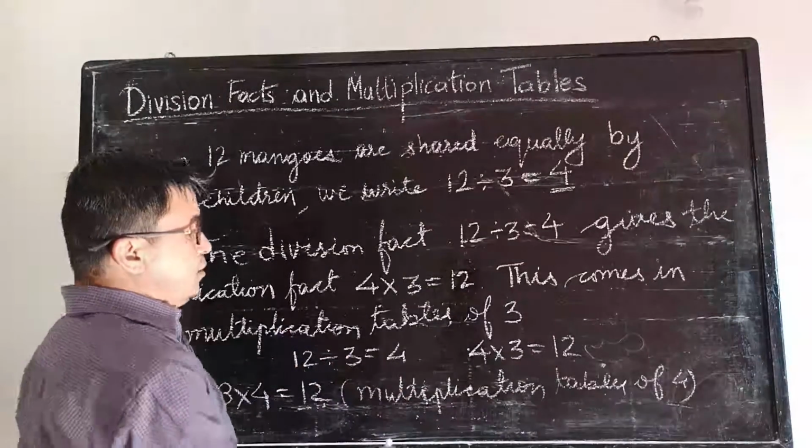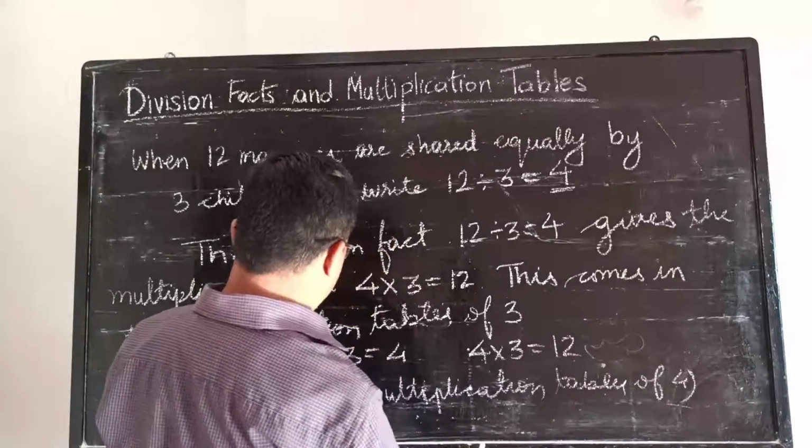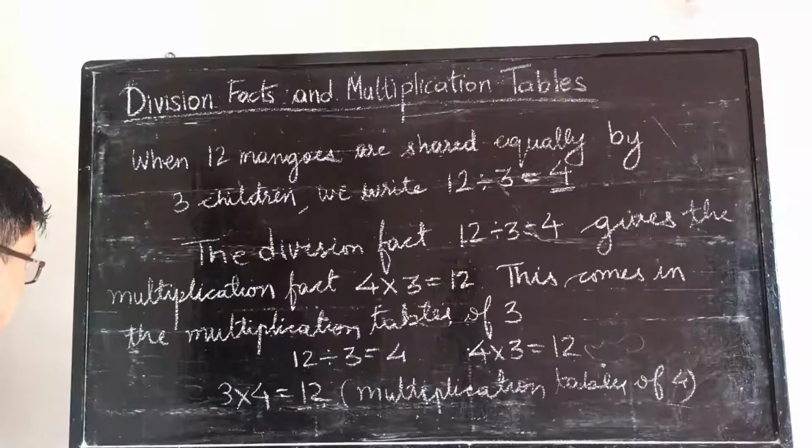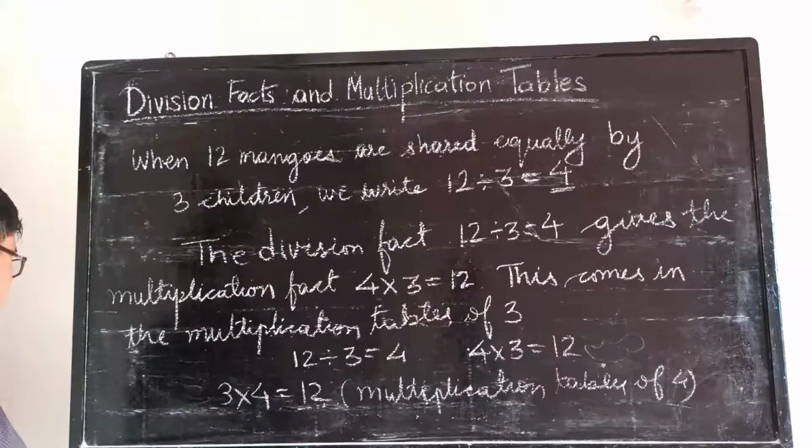It can be 4 3s are 12, also it can be 3 4s are 12. Now we will solve example A and B on page number 89.